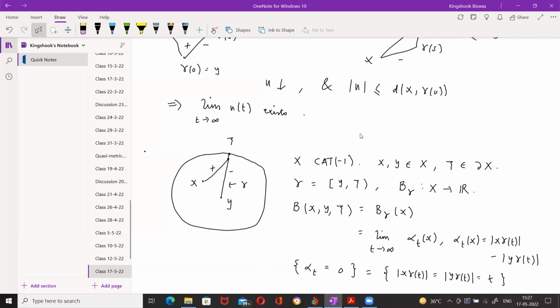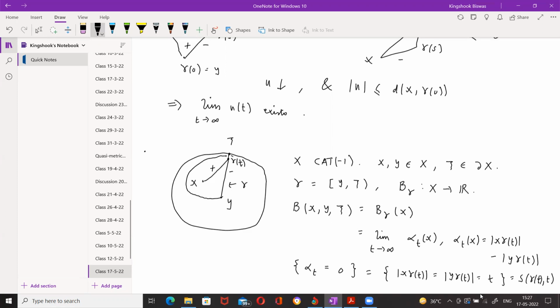In other words, this is the sphere around gamma t of radius t. So this is my gamma t, and I'm taking the sphere around this point which passes through y. It will look something like this.